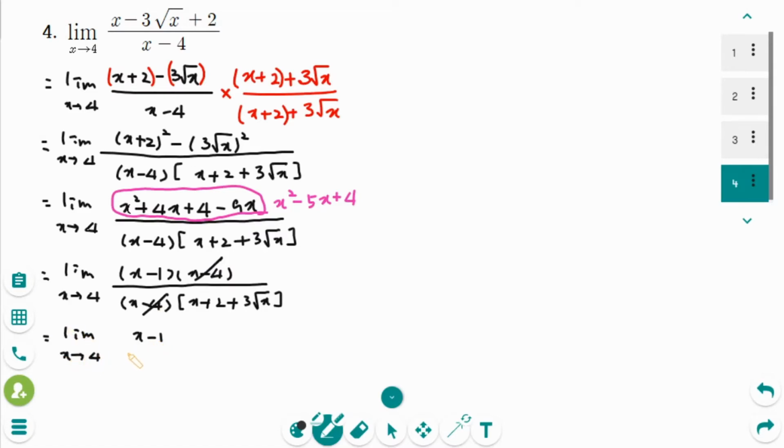So (x minus 1) over (x plus 2 plus 3 square root of x), and then put 4 into x.